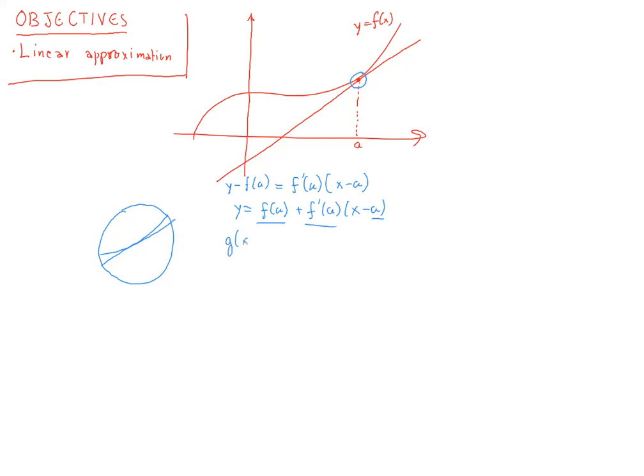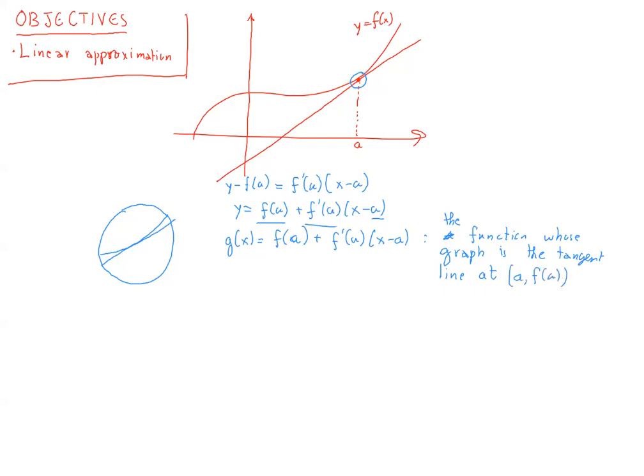So if we define the function g of x as f of a plus f prime of a times x minus a, then this is the function whose graph is the tangent line at a comma f of a.